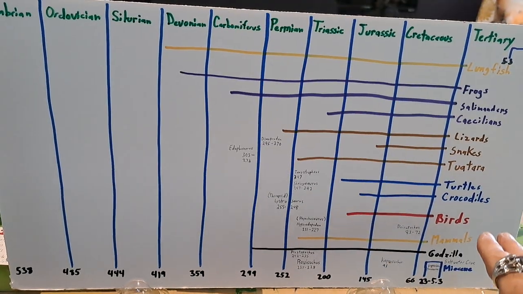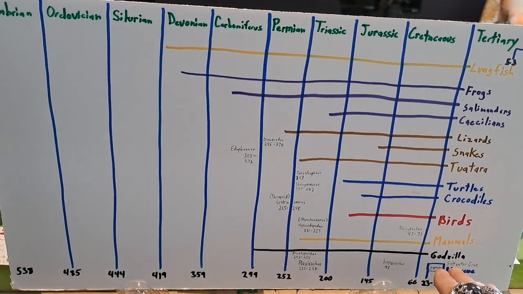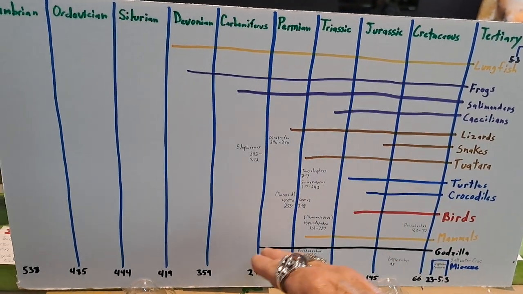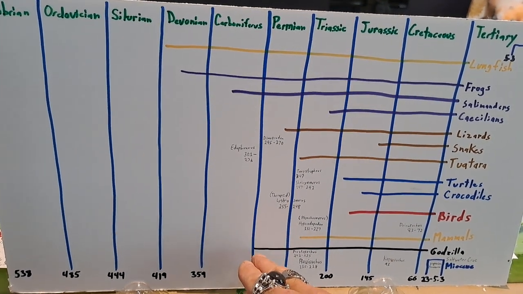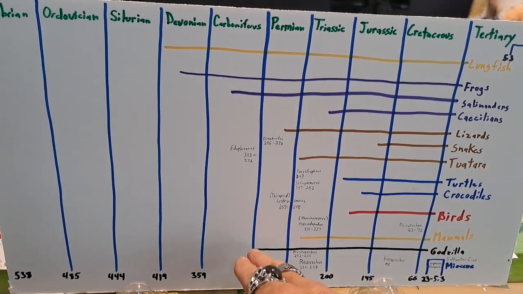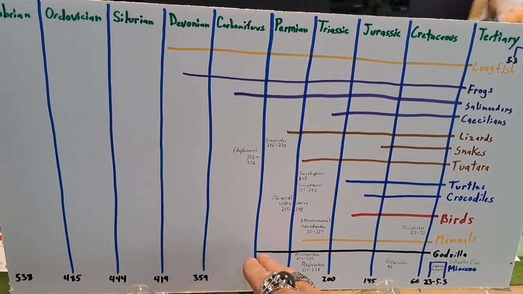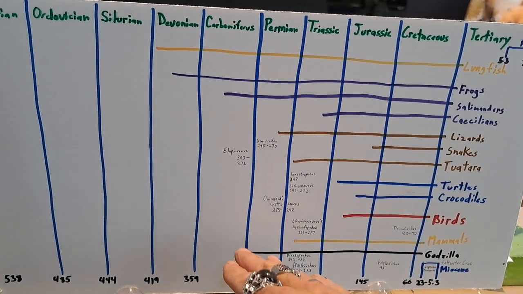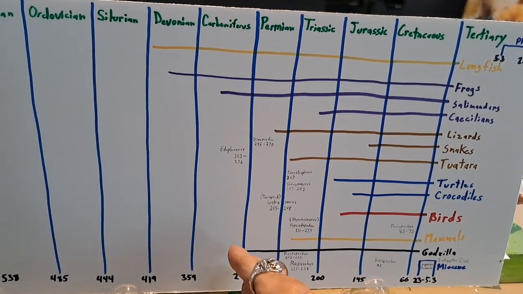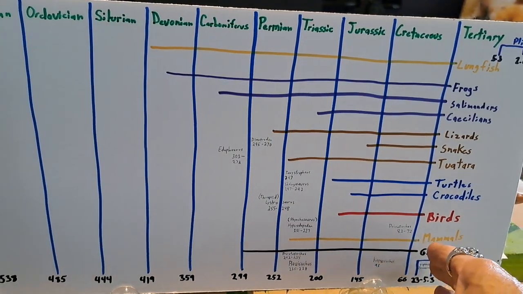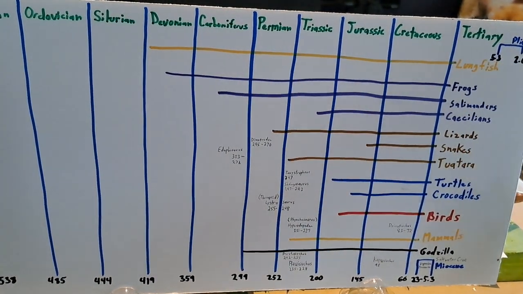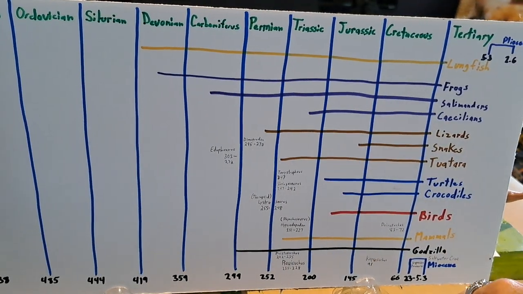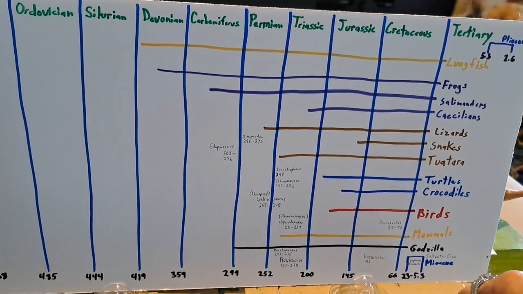I even looked up, just for fun, Godzilla. Godzilla was actually supposed to start right at the beginning of the Permian, 299 million years ago. So if Godzilla's still around today, quite a successful animal, as successful as salamanders, frogs, and the lungfish, because there still are some lungfish. All right.